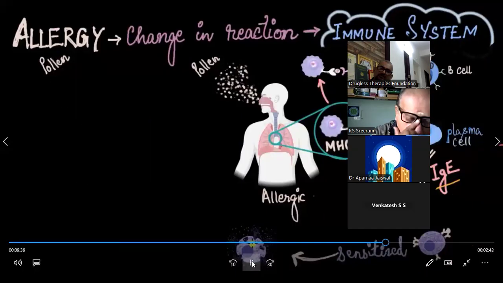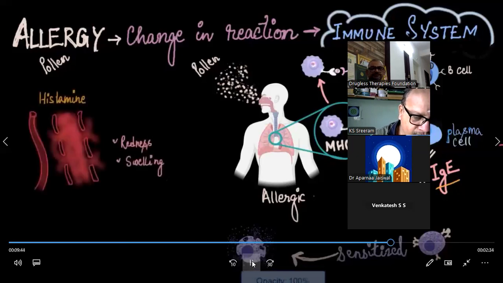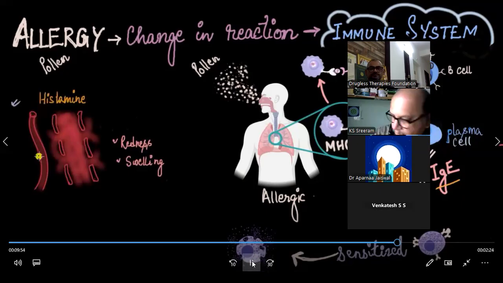Alright, so now as you can see, this mast cell has released some chemicals. So what are these chemicals? Among the many different types of chemicals it releases, the most potent and important one is histamine. What histamine does is that it widens the blood vessel. So this is the normal diameter of a blood vessel, and as you can see, it widens the blood vessel and also causes the cells that make up the blood vessels to shrink.